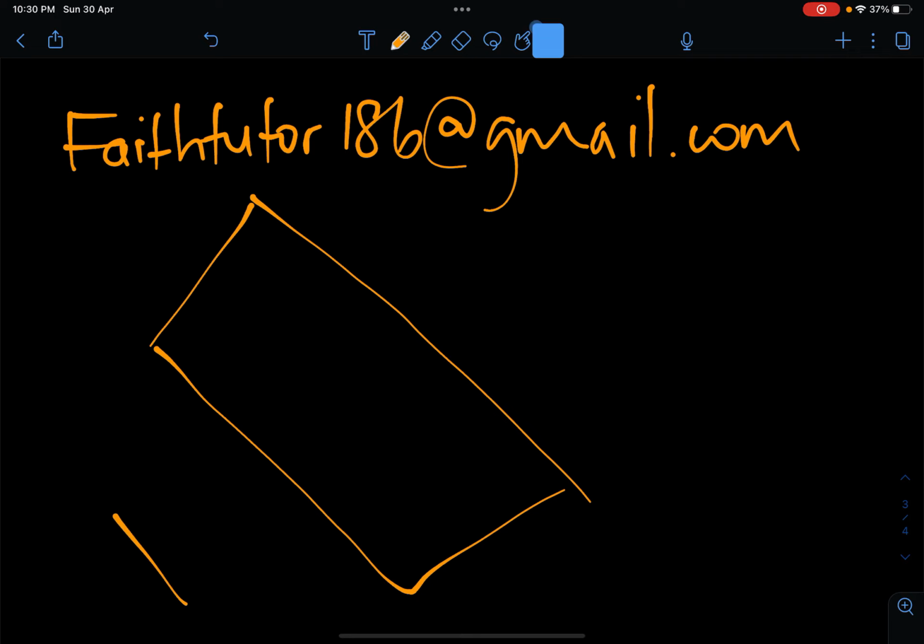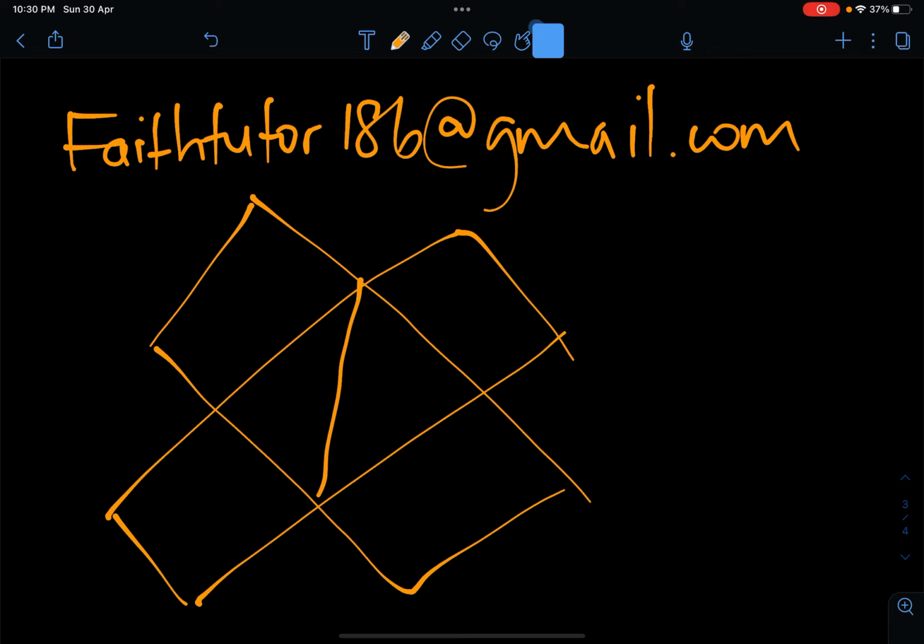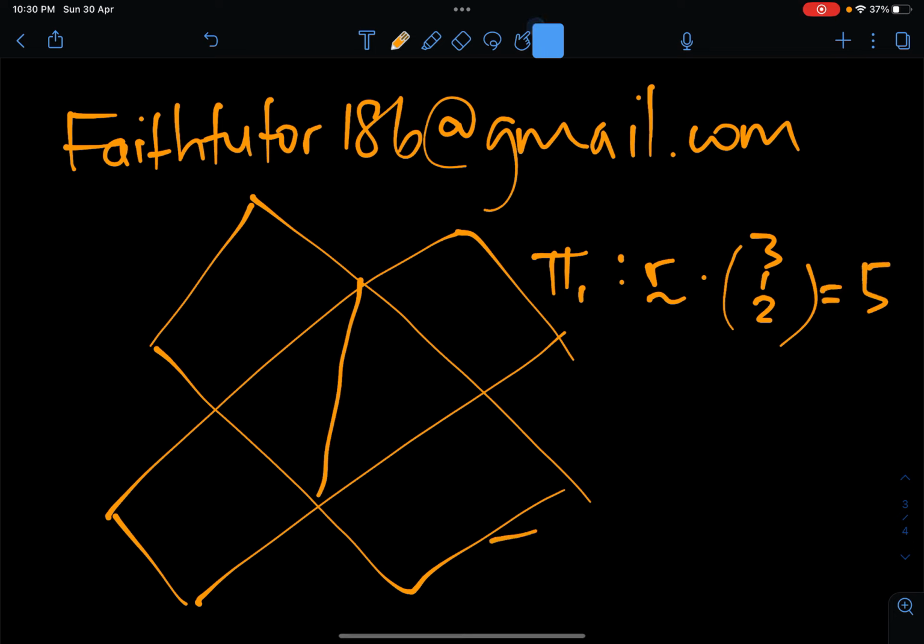So you have two planes which intersect each other. These two planes intersect each other, and you are given the equation of these two planes, say r dot (3, 1, 2) equals 5, and then you are given the equation of this next plane, say r dot (5, 2, 3) equals, say, 3.